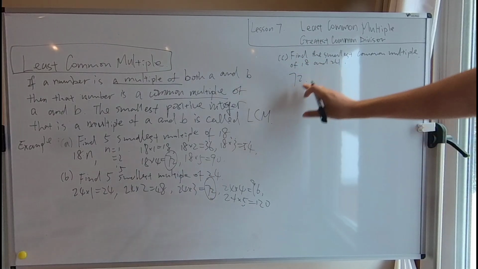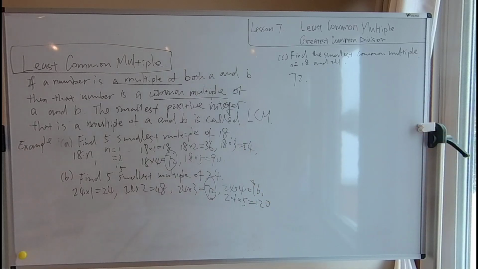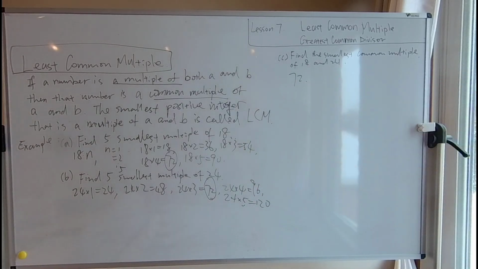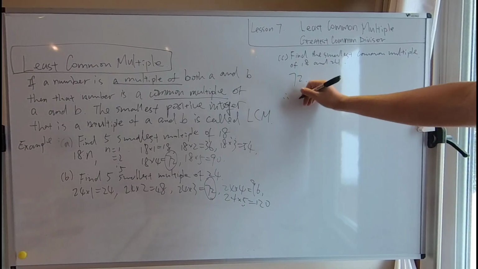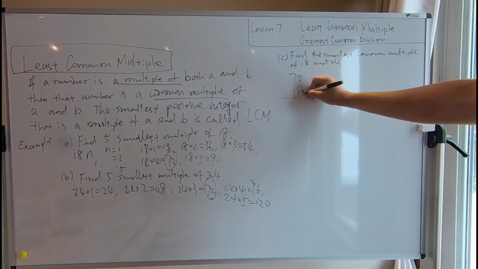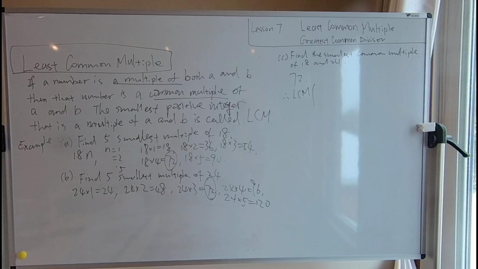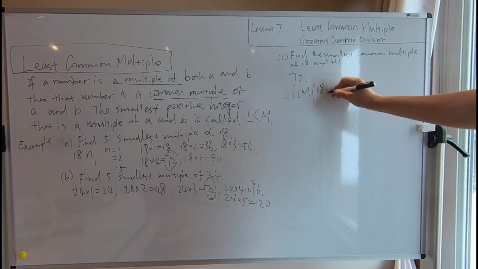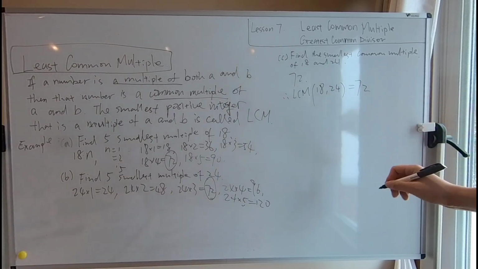So just by listing the possible multiples of the two numbers and observing the smallest common outcome, the least common multiple, which we usually write with this notation, LCM of 18 and 24, is 72.